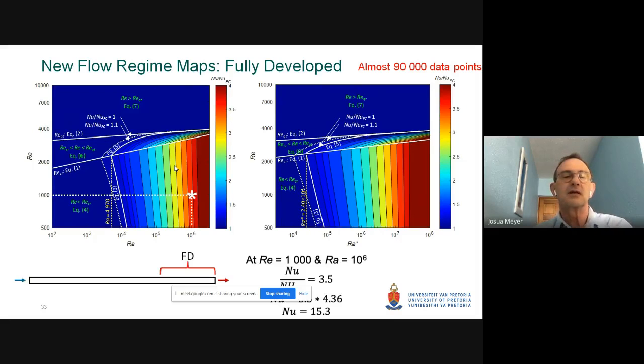The next slide, please. So, for example, if you're interested, again, I want to emphasize in the fully developed flow regime, if you would like to know at the Reynolds number of 1,000 and a Rayleigh number of 1,000,000, at that point there, with that white star, what the Nusselt number would be, then you can look at that color and you can see it is actually 3.5, which means that if you take the 3.5 multiplied by the forced convection value of 4.36, then you will get the correct Nusselt number, which is 15.3.